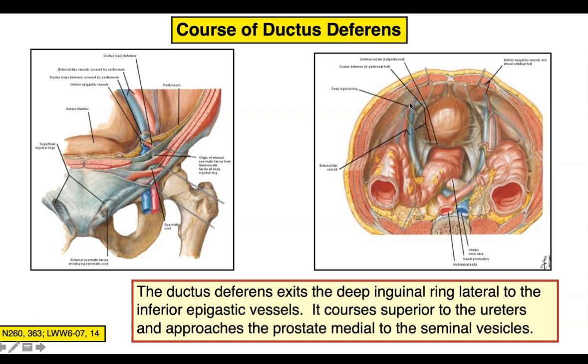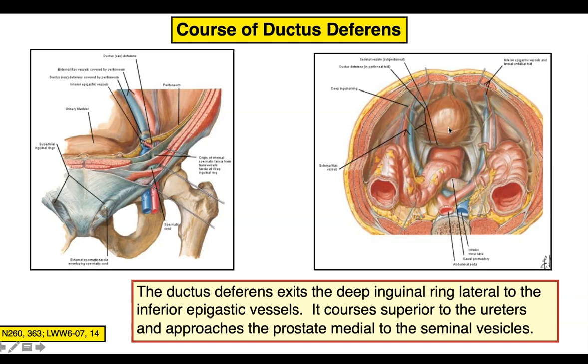So you can see this is the superior view of the pelvic cavity, and here is the deep inguinal ring. So ductus deferens enters through the inguinal canal and then the deep inguinal ring, and then it passes over the external iliac vessels, and then it goes behind the urinary bladder.